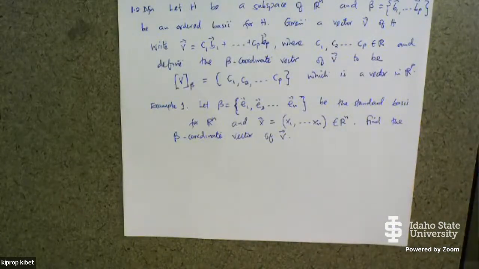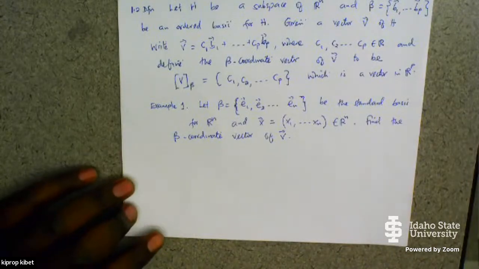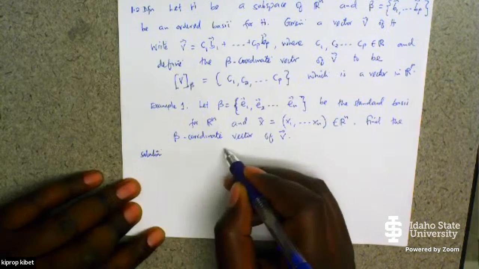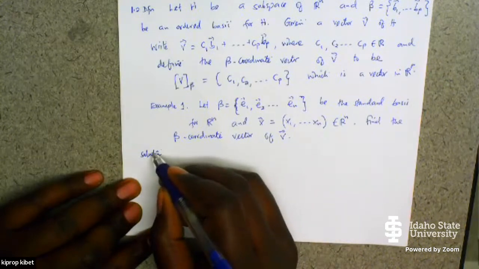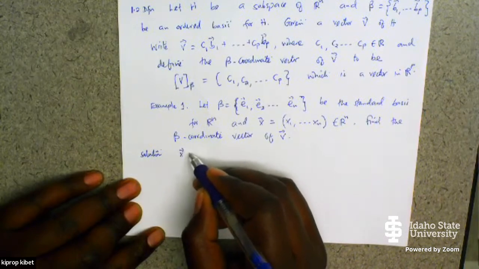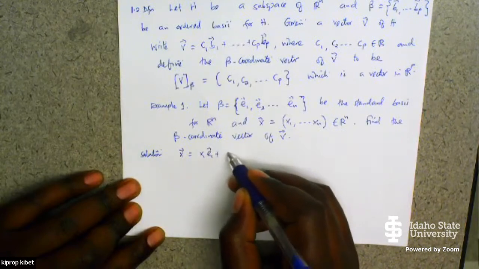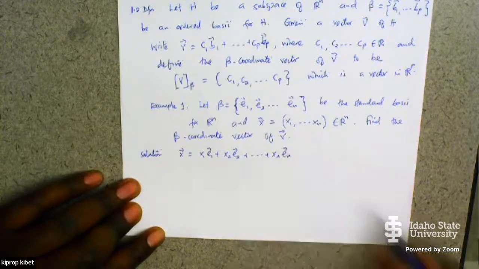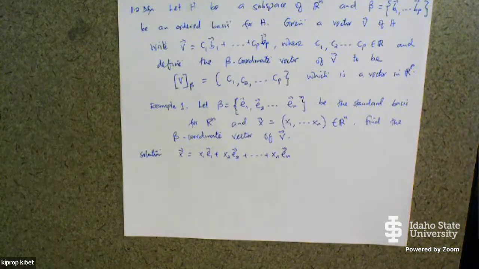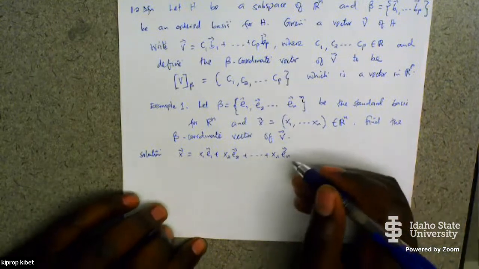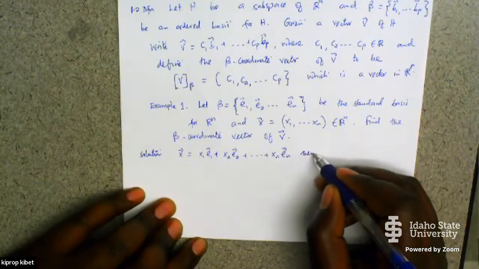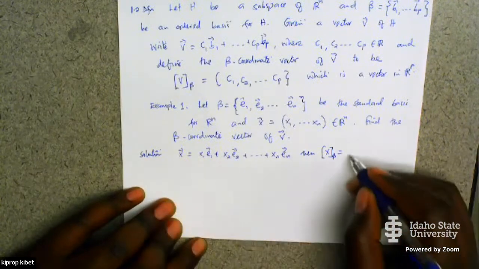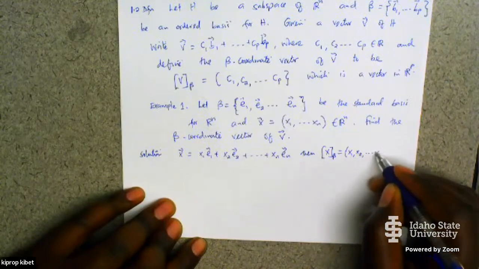So how do you get that? In this case, we know that since x equals x1 e1 plus x2 e2 plus ... plus xn en, our [x]_B there is actually the solution, which is x1, x2, all the way to xn.